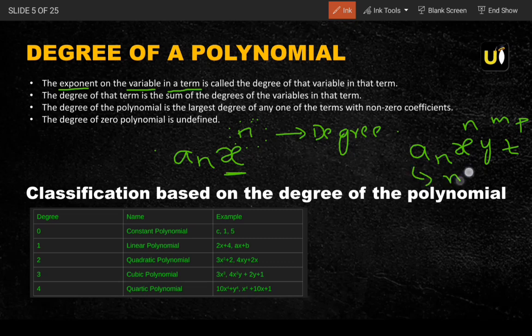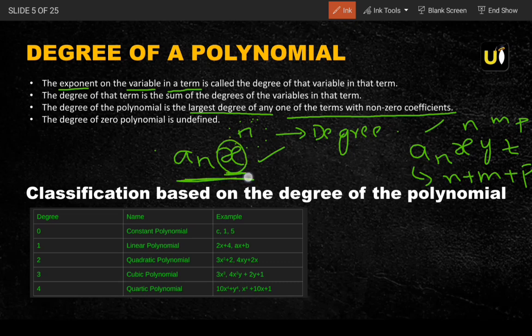The degree of a polynomial is the largest degree of any one of the terms with non-zero coefficients. Okay, for example, here we are considering a monomial itself, that means a polynomial with a single term. Don't get confused. Single variable is different and single term is different. Single variable means in all the terms x will be the only variable. But monomial means only one term.